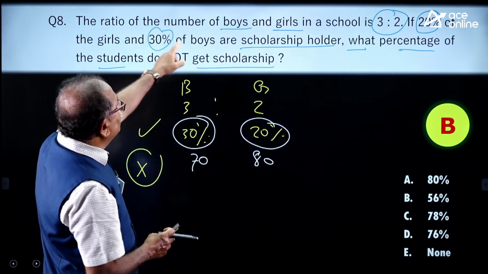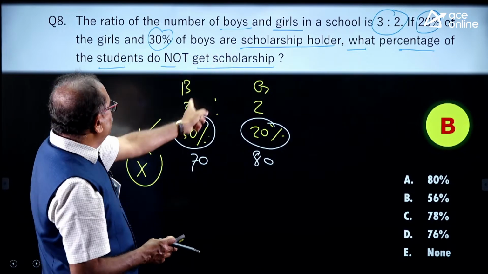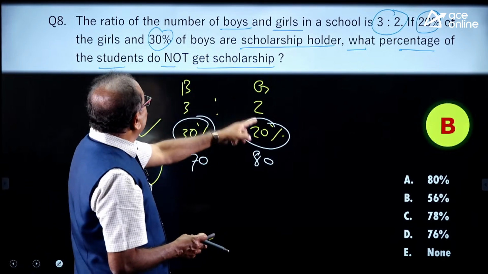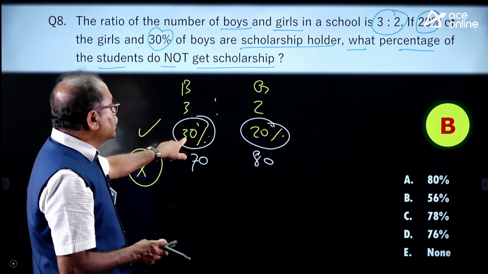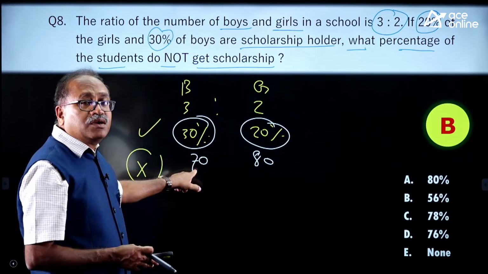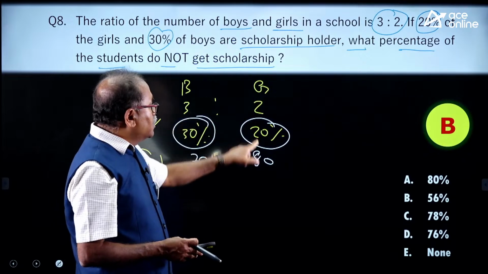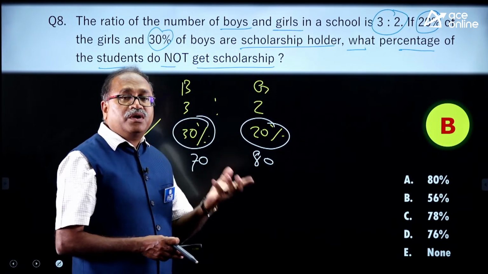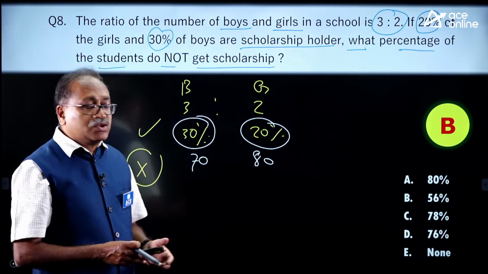Am I right? Boys to girls ratio 3:2. So the boys who are not getting the scholarship is 70, the girls who are not getting the scholarship is 80. So what is the percentage of students who are not getting the scholarship?